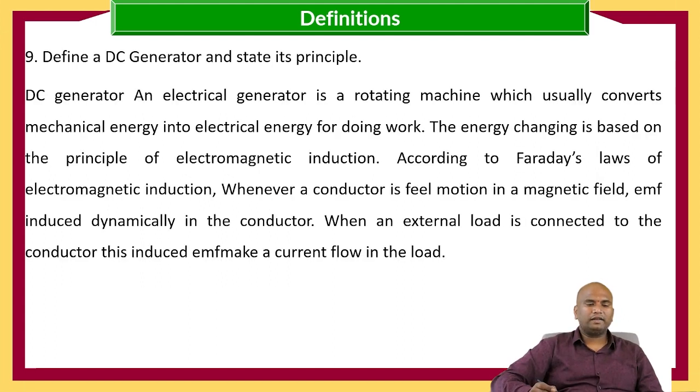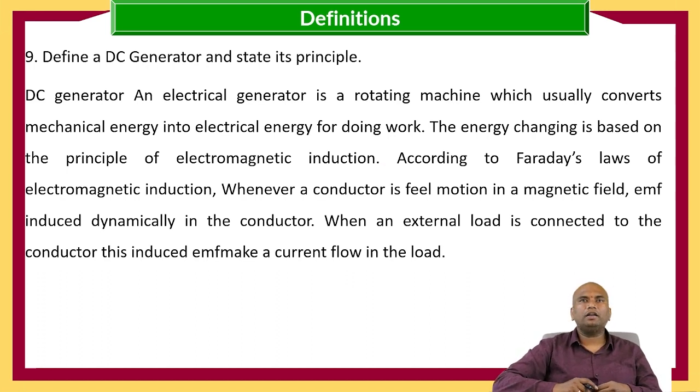Define DC generator and state its principle. A DC generator is an electrical generator which takes mechanical energy and converts it into electrical energy for operating machines. The energy conversion is based on the principle of electromagnetic induction.